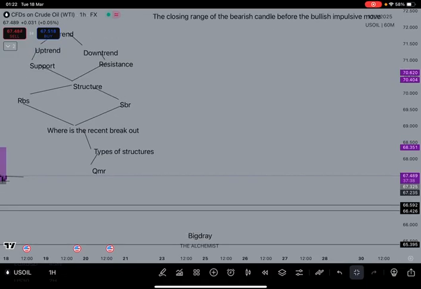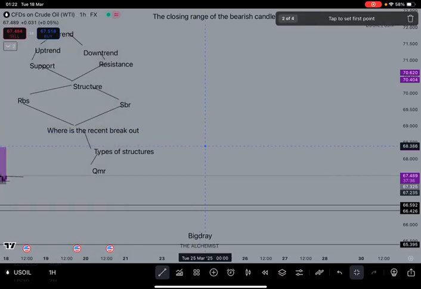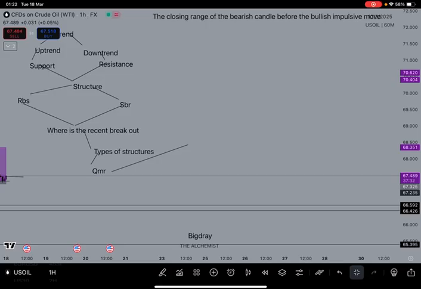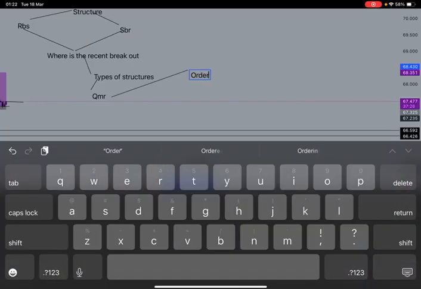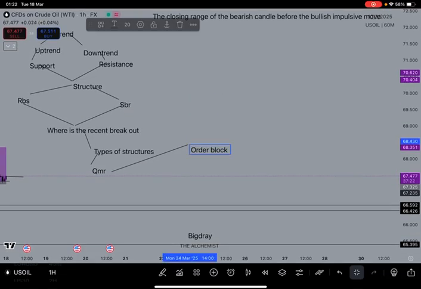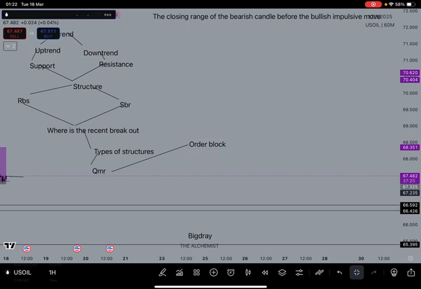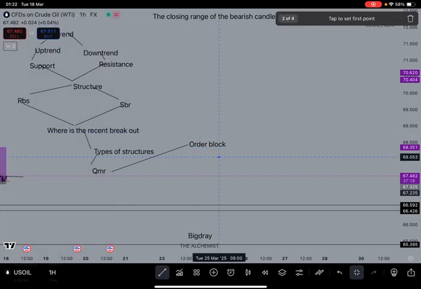Now we've talked about OB, the order block. We've also talked about breaker block, also known as RBS or SBR.